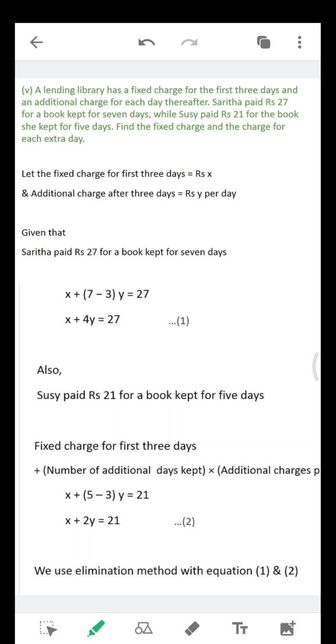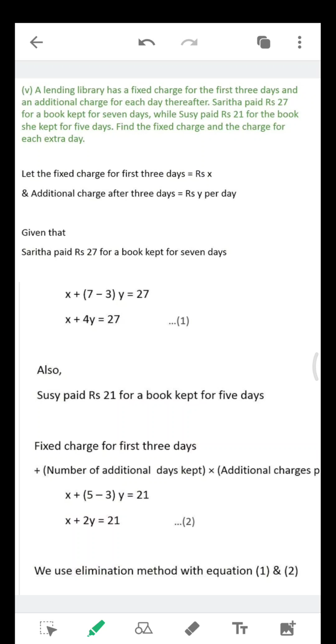When you borrow a book from a library, you will have a fixed charge for a few days, then you will have extra charges from there onwards, like when you book a hotel, or the students who stay in a hostel, they'll have a fixed charge for a few days, or when you book a taxi you'll have a fixed charge.